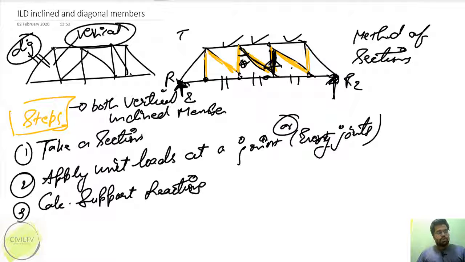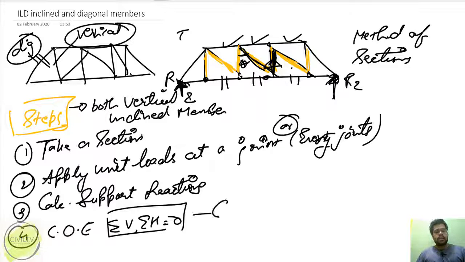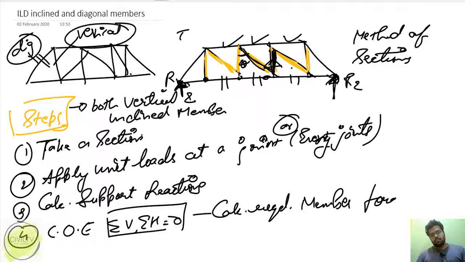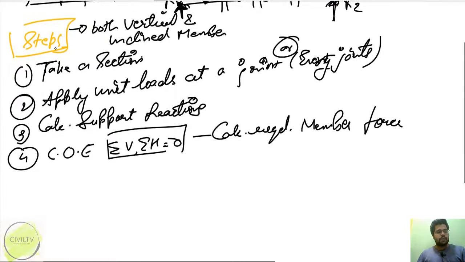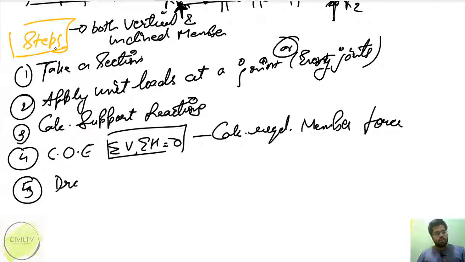After calculating the support reactions, I will apply conditions of equilibrium, summation V, summation H, or whatever it is, equals 0. I'll apply this and calculate the required member force. And in the end I will draw the ILD for that member.